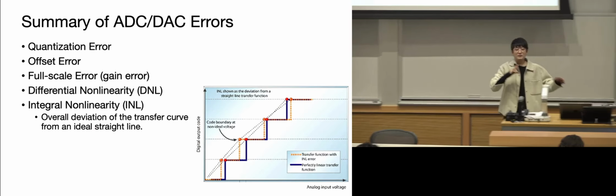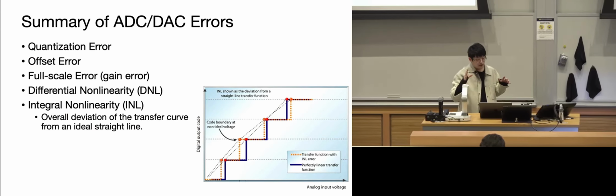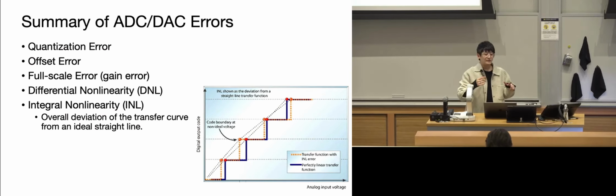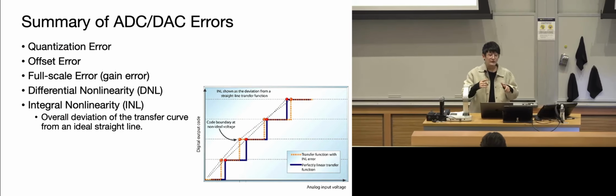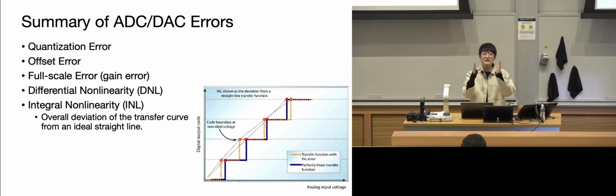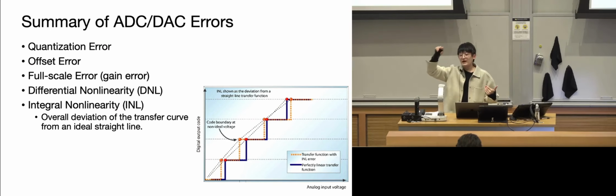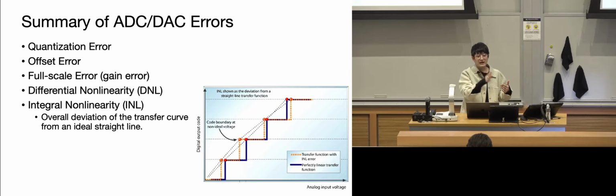So it's possible to have a low integral nonlinearity error but still a pretty bad differential nonlinearity error, because the differential nonlinearity error can go both ways. It's possible that they accumulate together at that point to be a low value for the INL, but it still could have a not good differential nonlinearity error. Any questions regarding any of these error types?